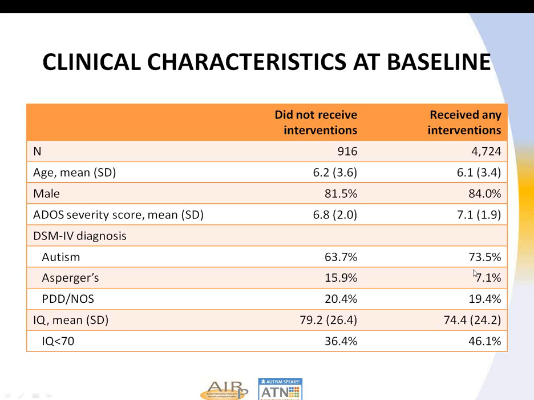And the treatment group also has a little bit lower IQ than the control group. When we apply the cutoff point of cognitive impairment, you can see that in the treatment group, 46% have IQ below 70, while it's only 36% of the control group that had IQ below 70.